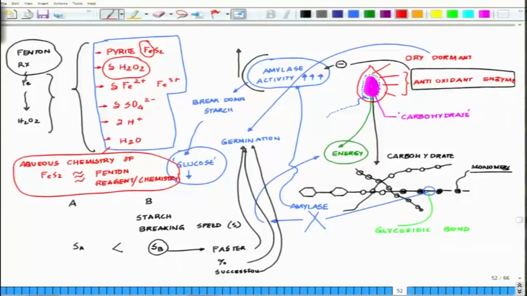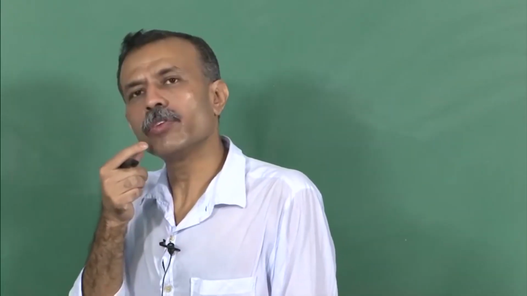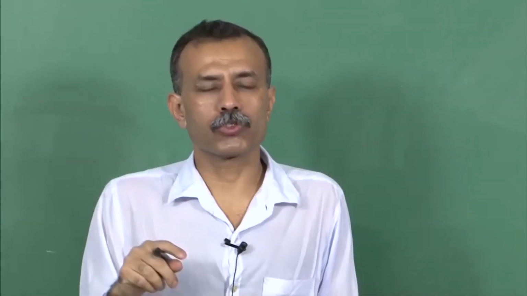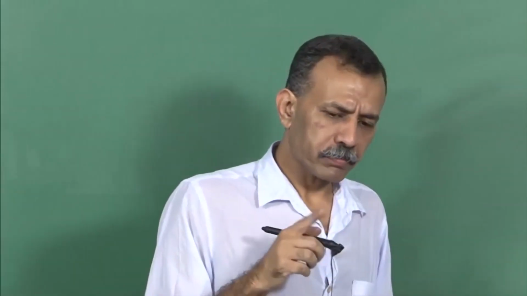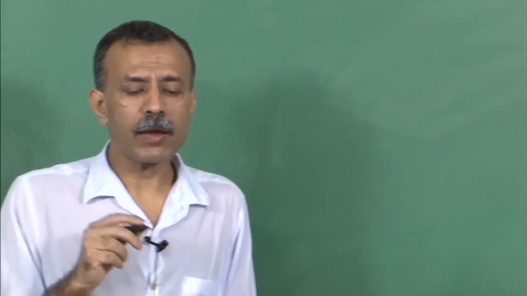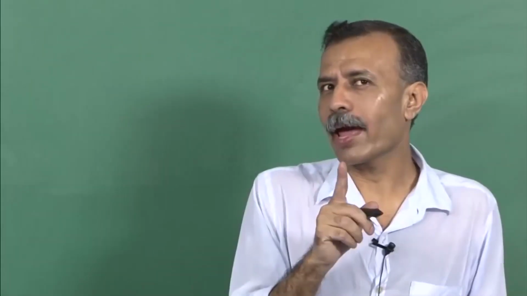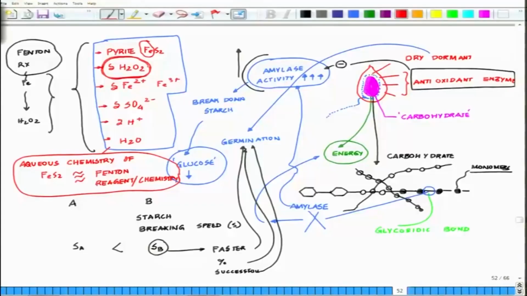You have this hydrogen peroxide here. Peroxide can act. This was way back in the 1920s. There was a wonderful paper published in the Journal of Biological Chemistry. It said that hydrogen peroxide can mimic, mark my word carefully, can mimic the activity of amylase.